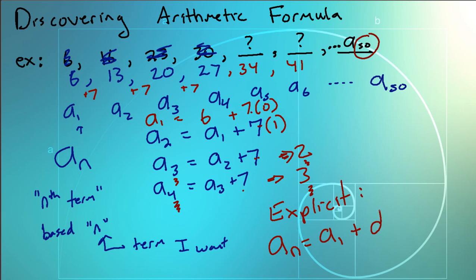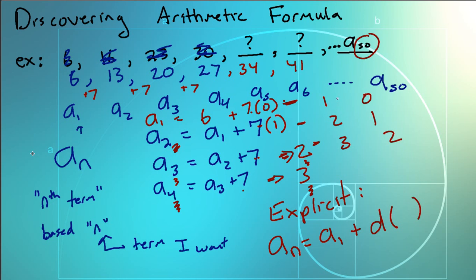But in this case, that's my common difference, and then I multiply that by however many times I've added it. On the first term I've added it 0 times. If this is term 1, it's 0 times, and this is term 2, and I've added it 1 time, and this is term 3, and I've added it 2 times.